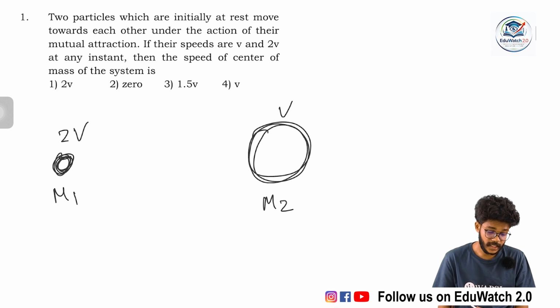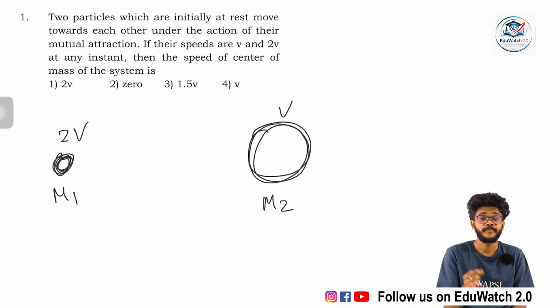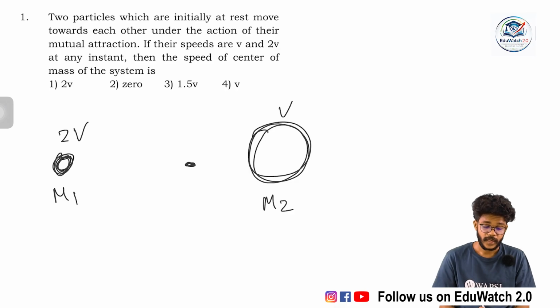They are asking for the speed of the center of mass of the system at any instant.